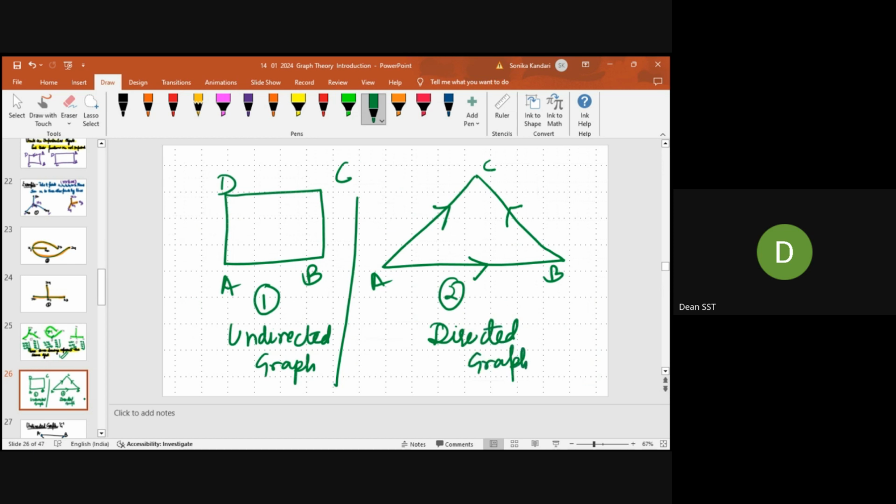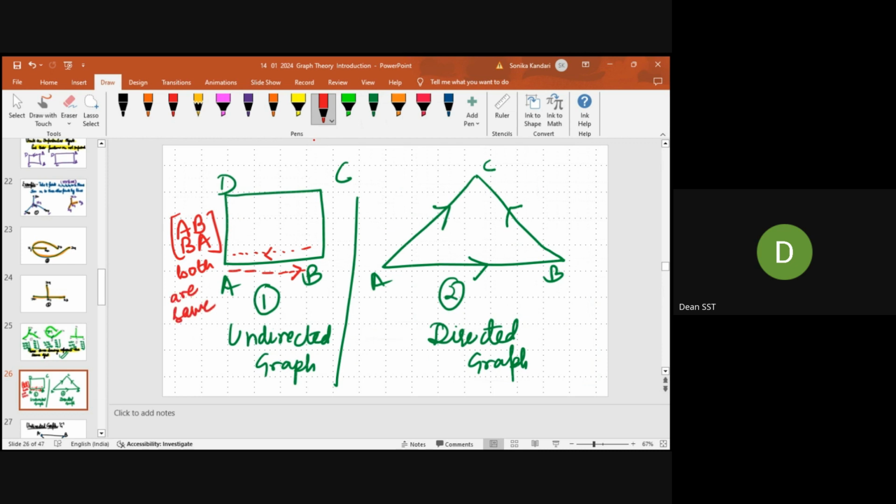Can you state what the actual difference is? It means in graph 1, we can move from A to B as well as from B to A. It means if we write AB and BA, both are same. Is it clear?